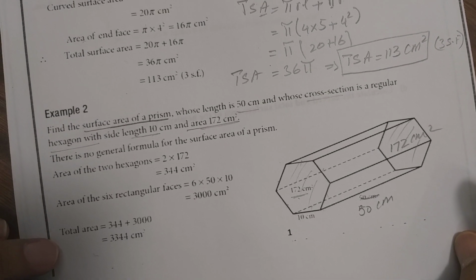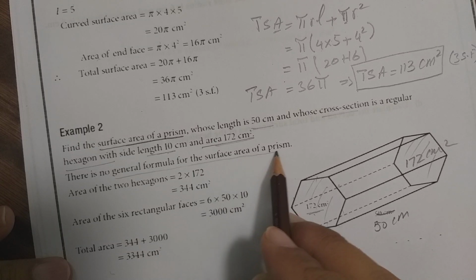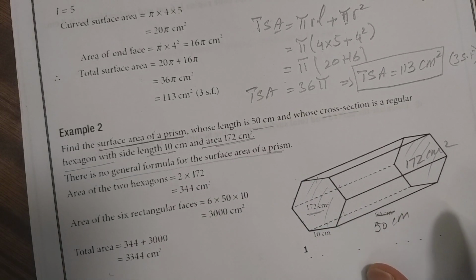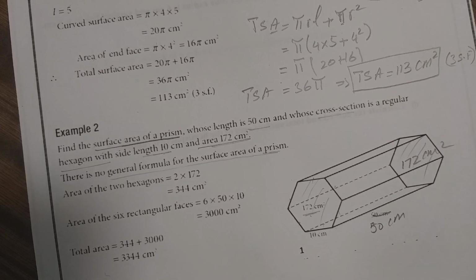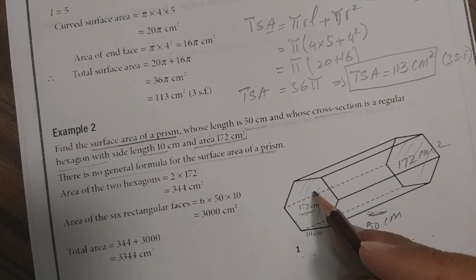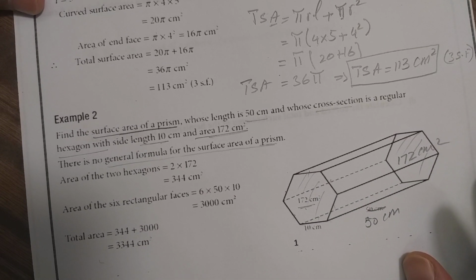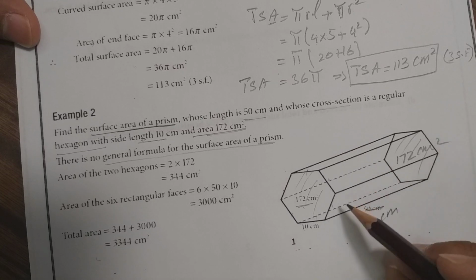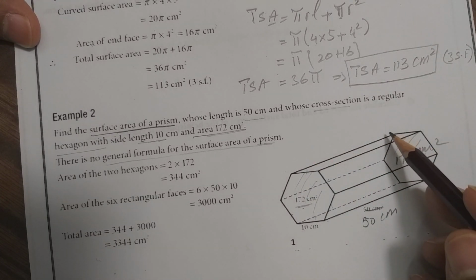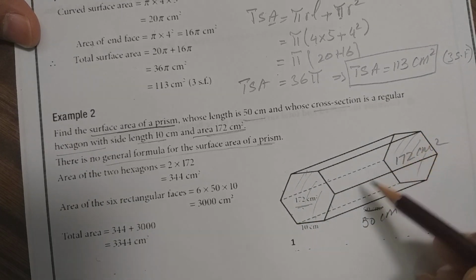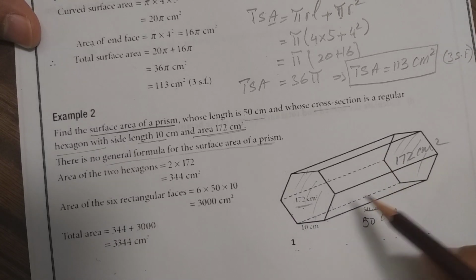As in the statement, there is no general formula for the surface area of the prism. So we know the area of the hexagon is given. We just add in the total surface area, so find the area of the 6 faces. There are 6 rectangles, because it's a hexagon.